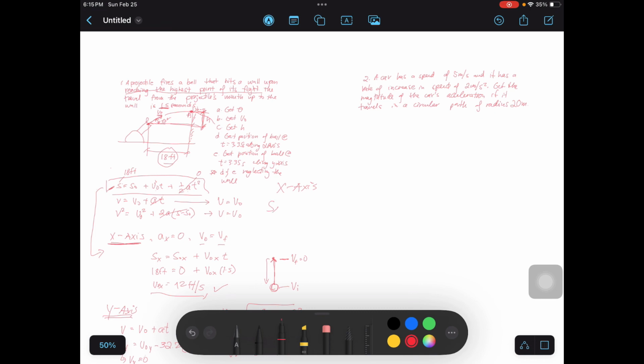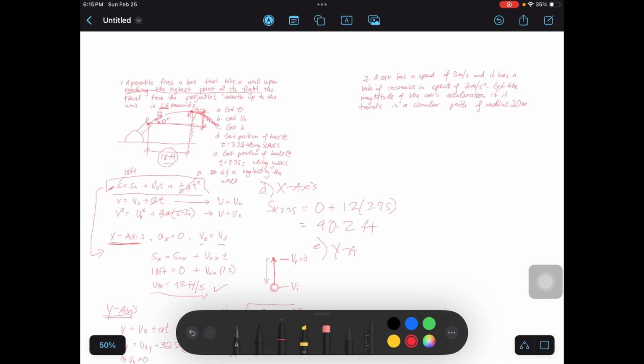So, Sx at 3.35 seconds is 0 pa din, plus, what is V0x nga ba? 12 times 3.35 seconds. 40.2 feet. Positive, meaning pa-right pa dito. Going to the right.